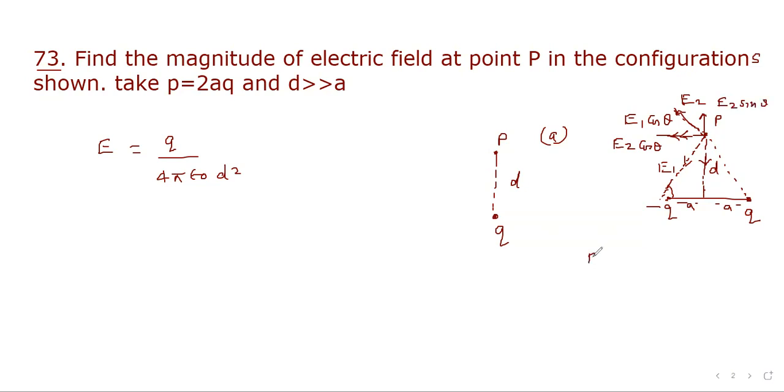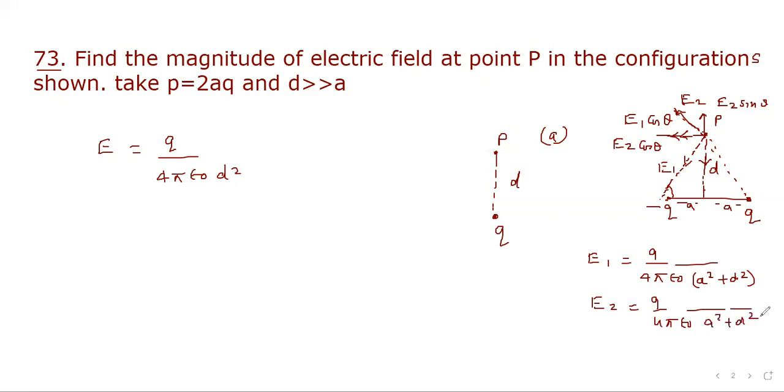Now consider the magnitudes of E1 and E2. E1 will be equal to Q divided by 4 pi epsilon naught, and this is a, this is d, so a square plus d square. Similarly, E2 will also be equal to the same: Q upon 4 pi epsilon naught (a square plus d square).